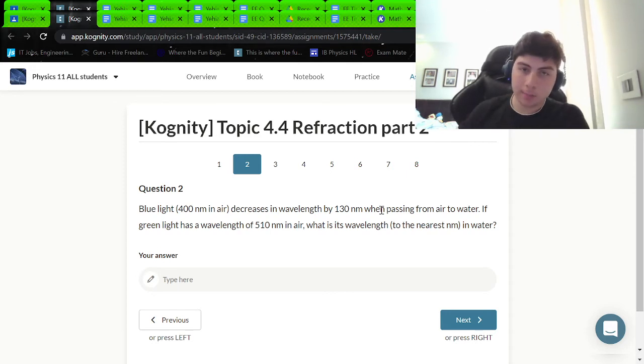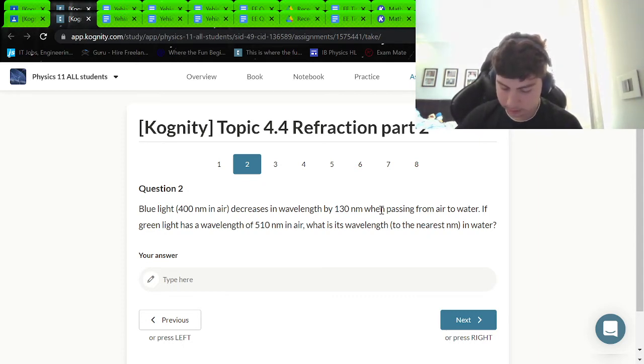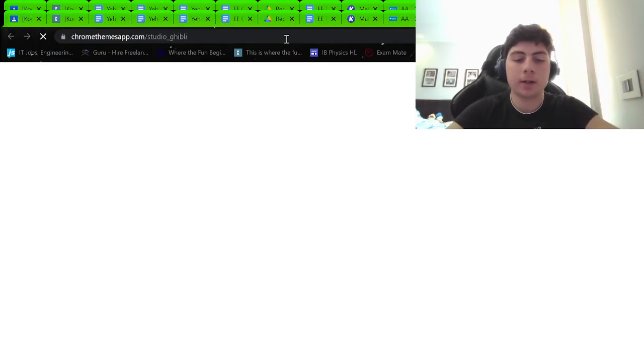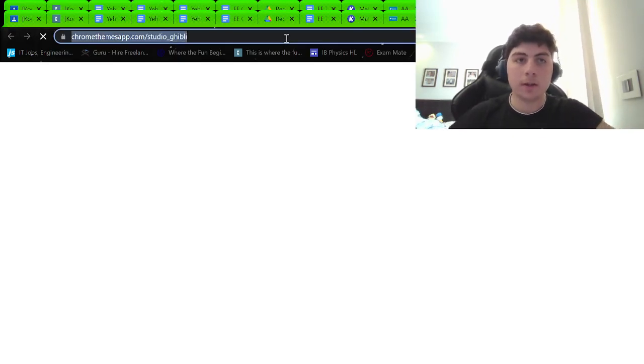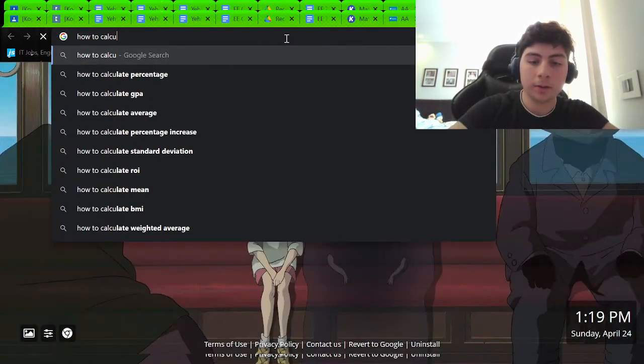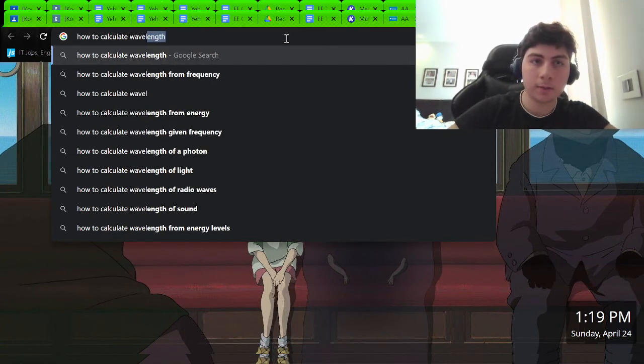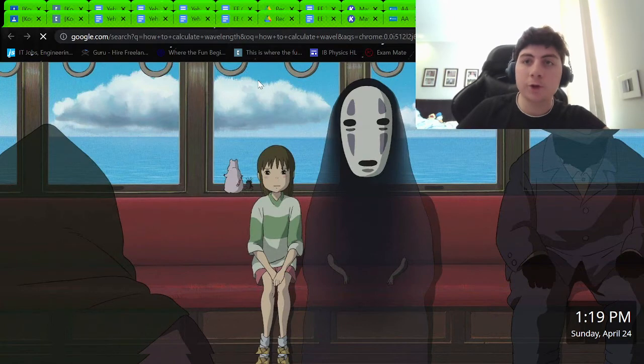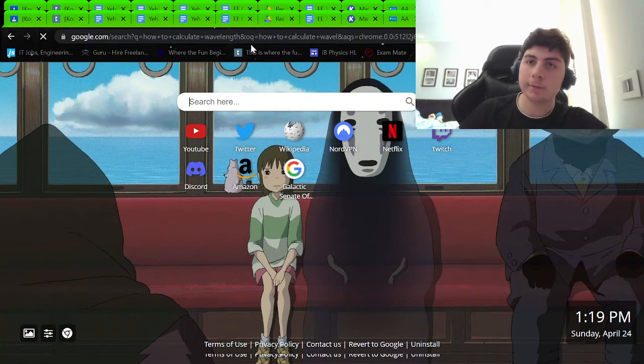And then one of them decreases in wavelength by 100 from passing air to water. So it gets slower, obviously, we know that. I'm just writing 510 equals. How to calculate wavelength from two mediums, right? I'll just search this up.